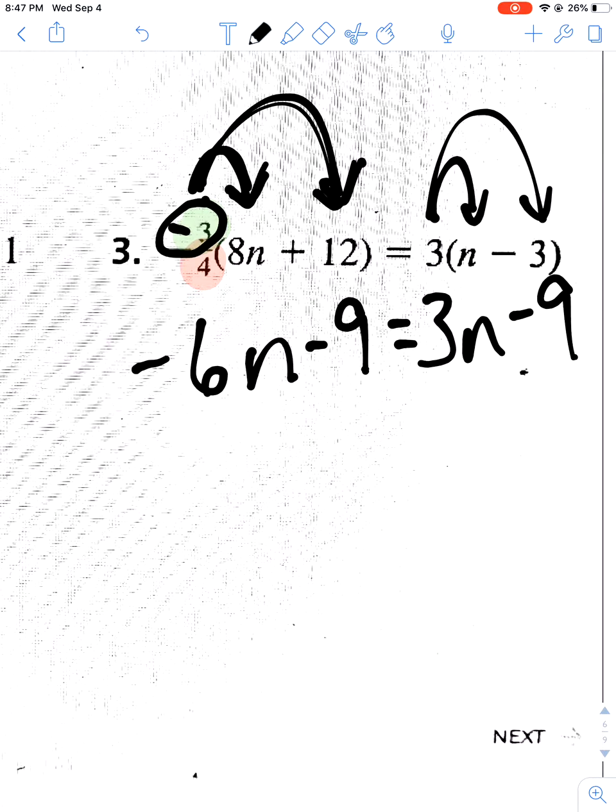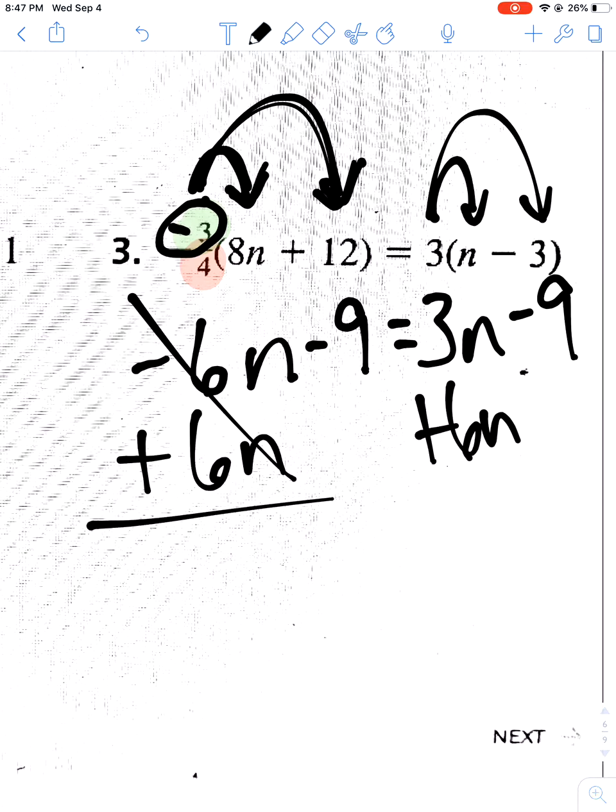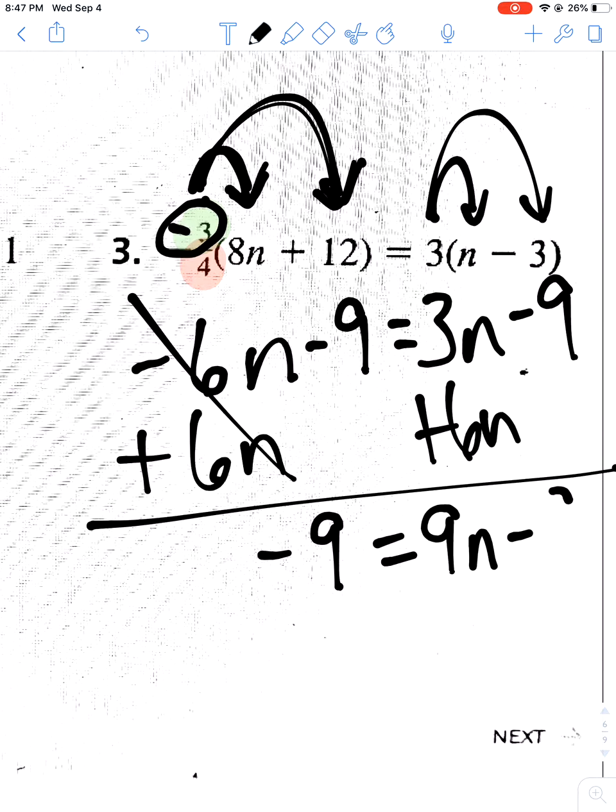Okay. Well, I'm going to move this 6n to both sides by adding it. That cancels. Just have a negative 9 left. 3n plus 6n is 9n. Now I've got to move the 9 over. So I'm going to add 9 to both sides.